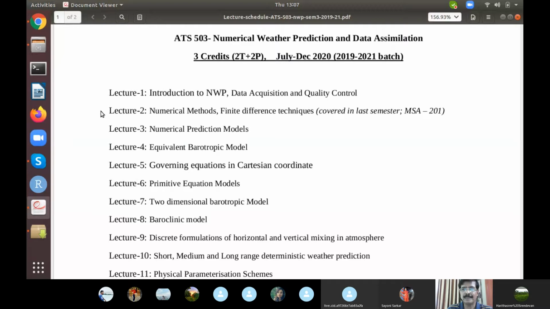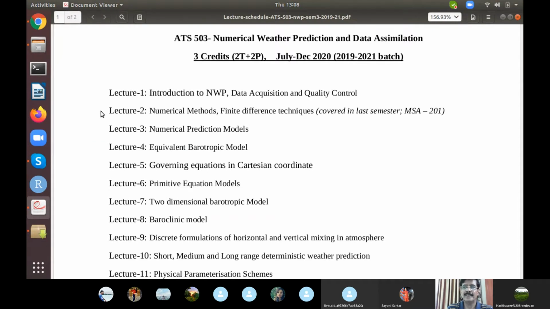And it requires a lot of knowledge of statistics, mathematics, because assimilating the data is fully based upon the mathematical statistical formula. So we'll study about that. So numerical weather prediction and data assimilation.